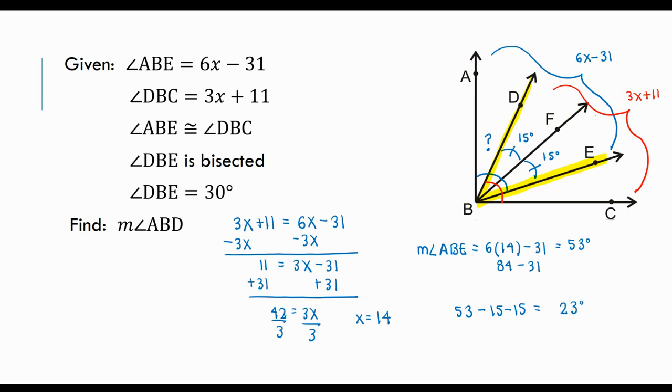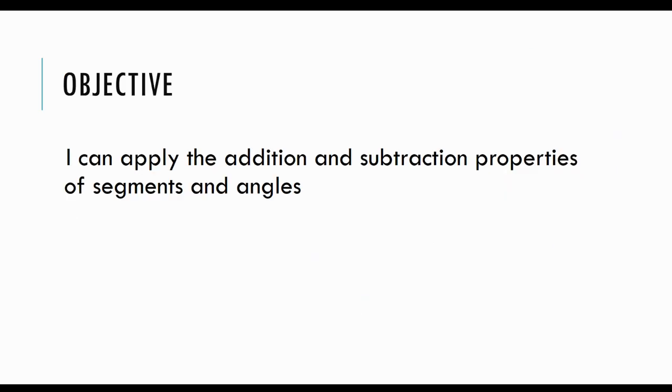And so the answer we're looking for, the measure of the angle ABD, is 23 degrees. So that is us using addition and subtraction now in terms of geometry, using it with segments and angles.